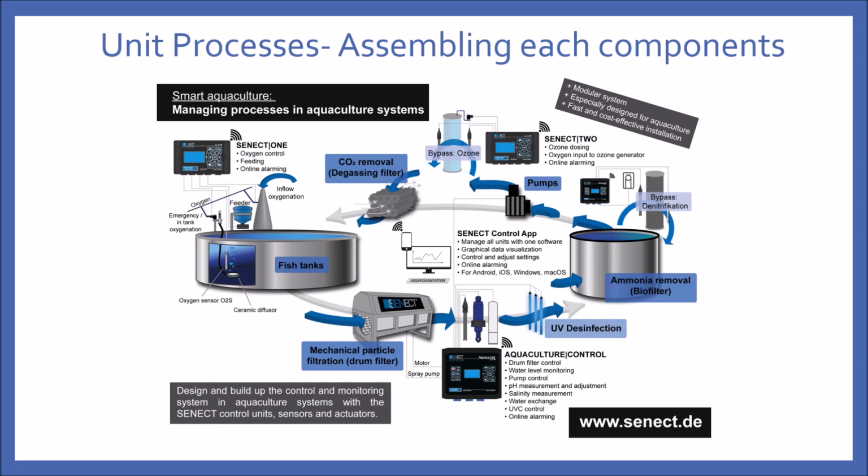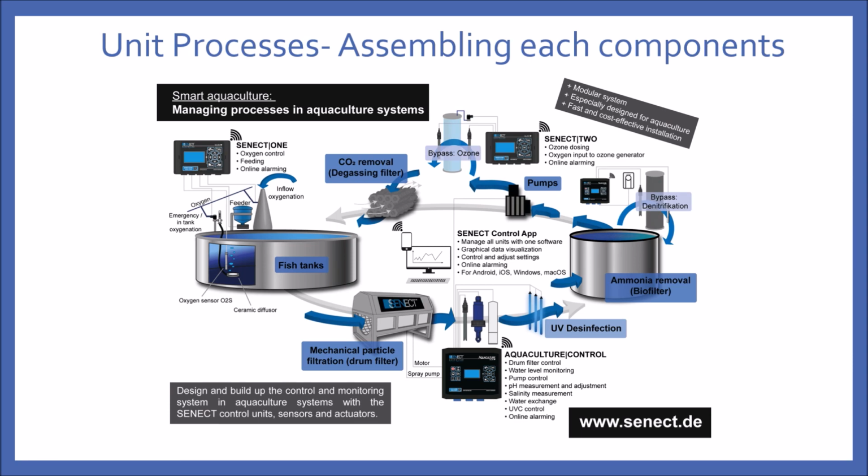This is the different unit processes that is typically found in the aquaculture systems for fish. We start off with the fish tanks, in which the fish are cultured in a circular tank, after which the water will flow through what we call a drum filter, which is mechanical filtration, and it will then be disinfected with UV light and have ammonia removed using the biofiltration process.